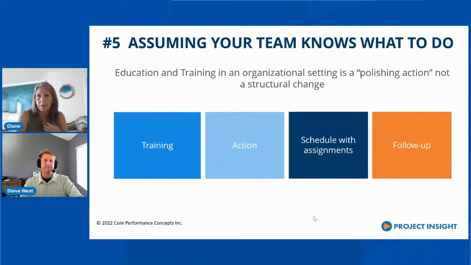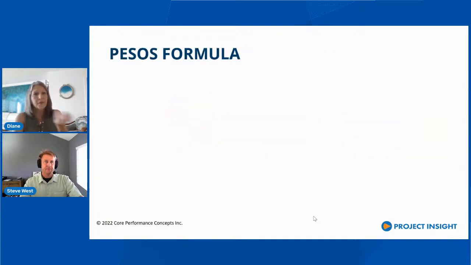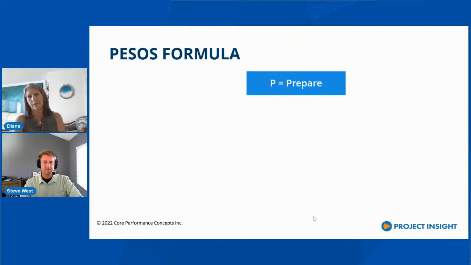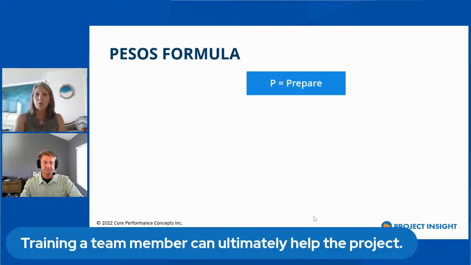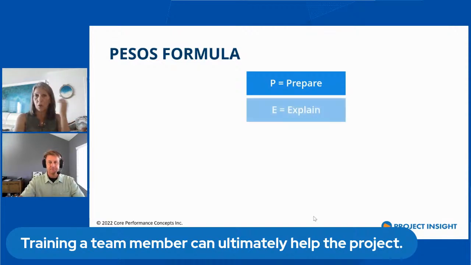Yeah. And then this other one, this is a cute little formula here called PESOS. May not be politically correct anymore, but who knows? This is an old one. So as somebody that is looking at where people need training, you want to prepare. They need to know what to do. You want to explain.